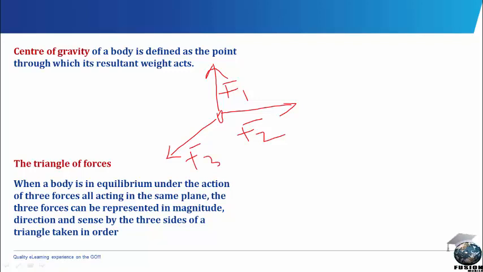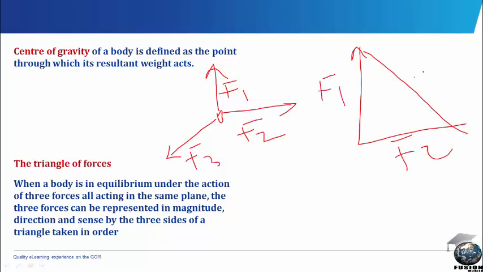The three forces can be represented in magnitude, direction, and sense by three sides of a triangle taken in order. That means I can represent these forces in this way, such that I will have this to be F1, here F2, and this F3. They can be represented with a single triangle.